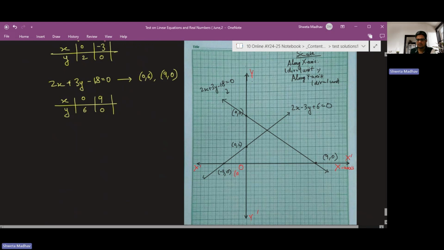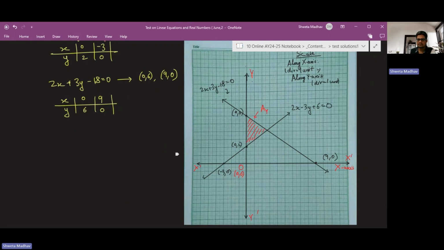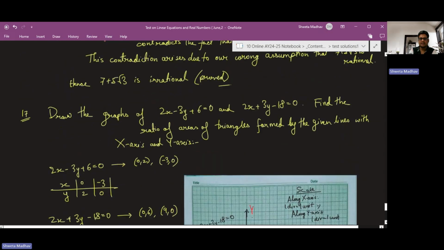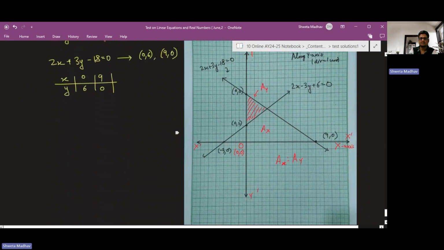The origin is 0, 0. So we have to find the ratio of this area, which forms with the x-axis, and this area which forms with the y-axis. This area is ay, and the area with the x-axis is ax. So we need to find the ratio ax is to ay, the ratio of the areas of the triangles formed by the lines with the x-axis and the y-axis.